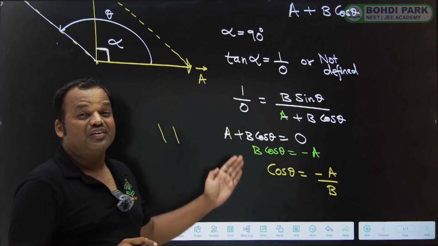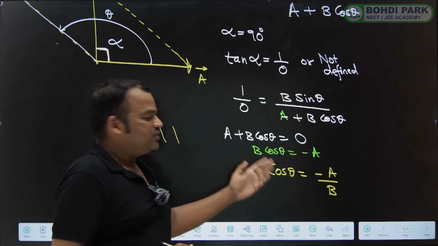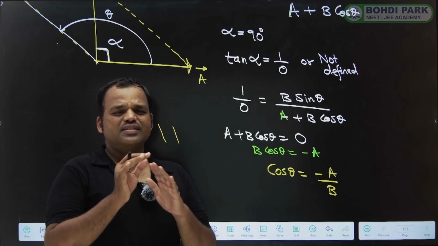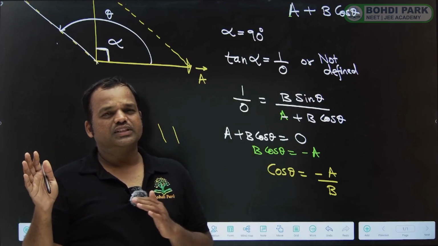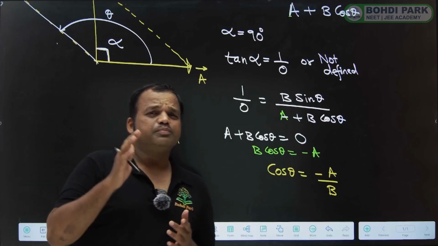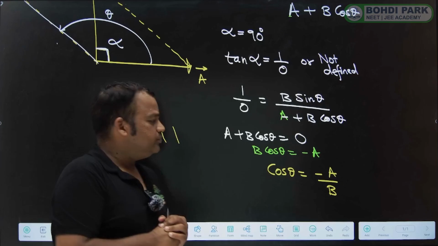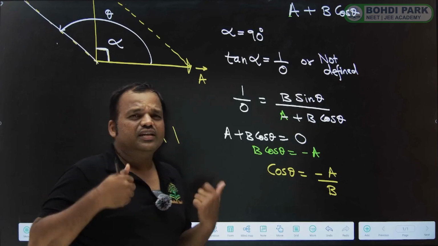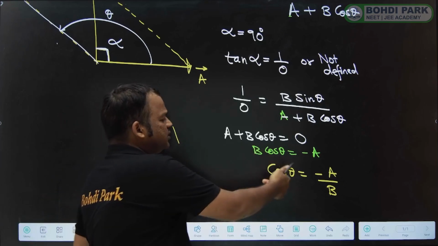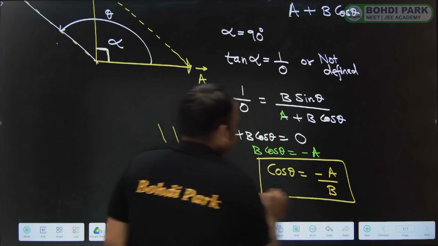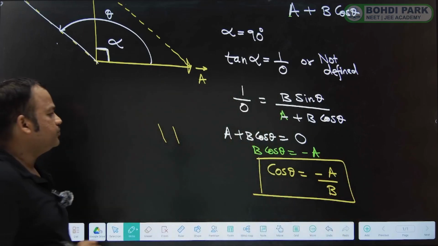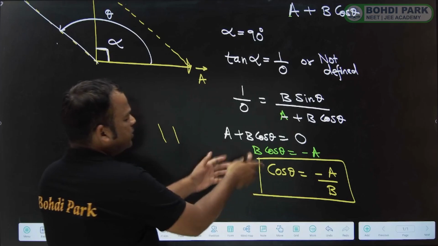So this is the short trick. You recognize the model in the question. The question will say like this: resultant is perpendicular to one of the vector. Immediately you have to recall that cos theta is equal to minus a by b. So this is one of the short trick.